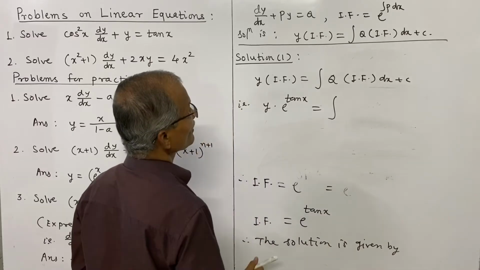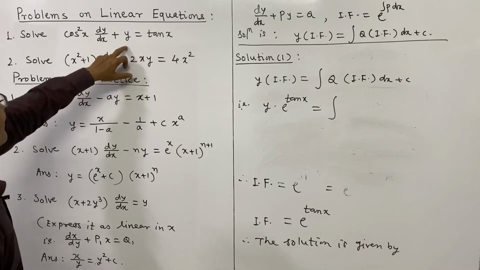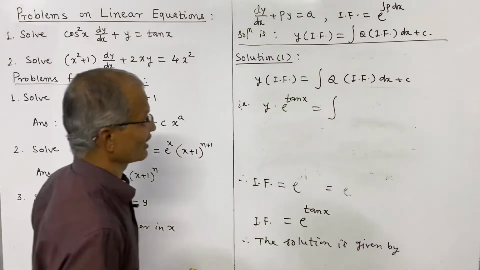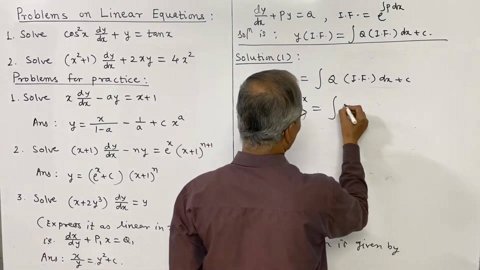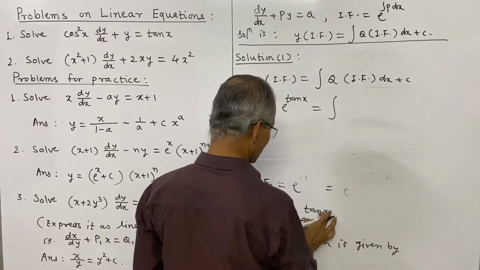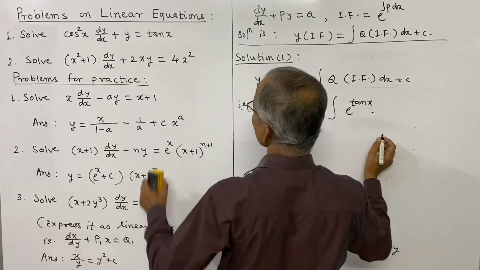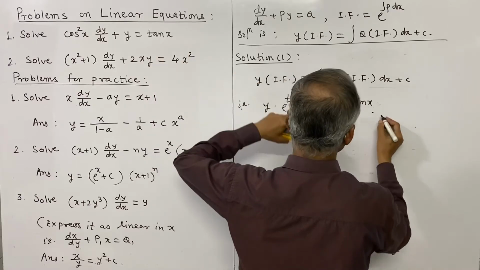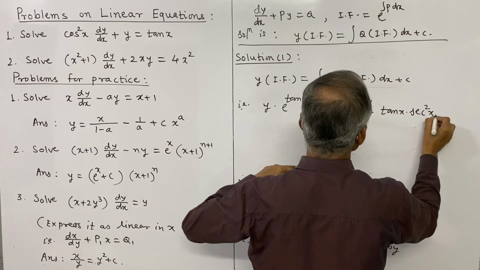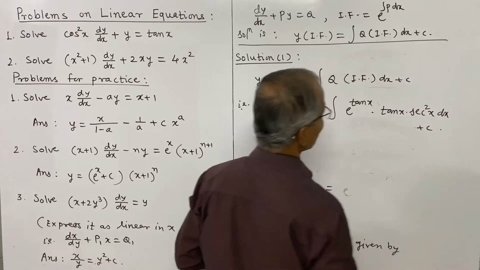For this equation q was tan x divided by cos square x, meaning tan x sec square x. I shall write the integrating factor first, that is e power tan x, and then the q value, tan x into sec square x, into dx plus the constant of integration.